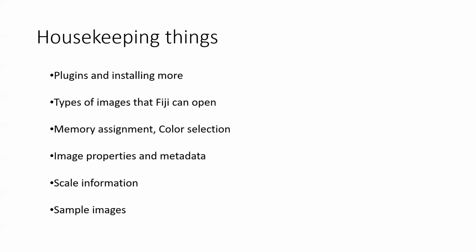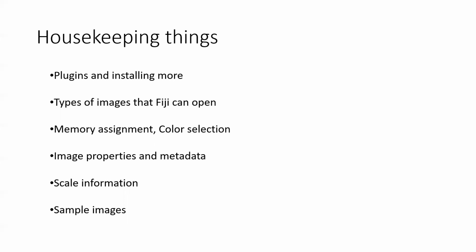So if you have an image from Nikon, it's ND2. If you have an image which comes out from Zeiss, it's CZI. If you have something from Leica, I don't remember what the format of Leica is. I think .lif, most likely.